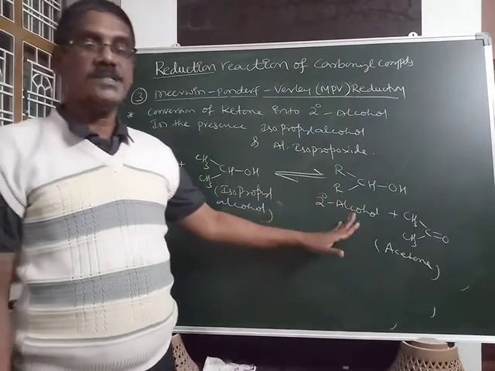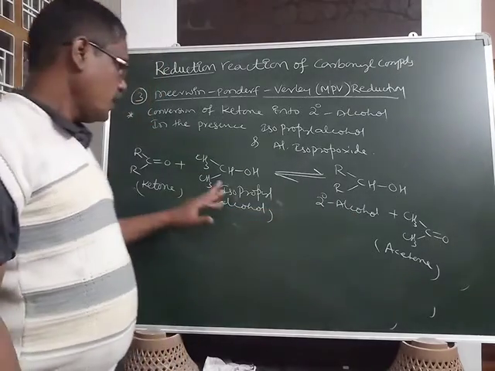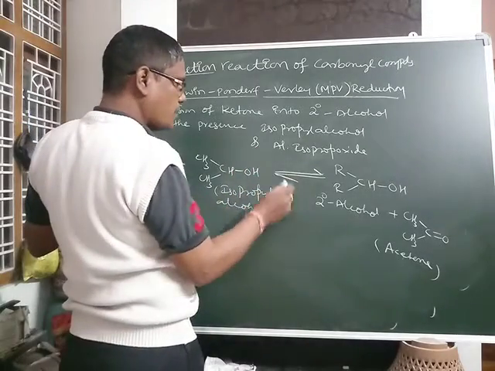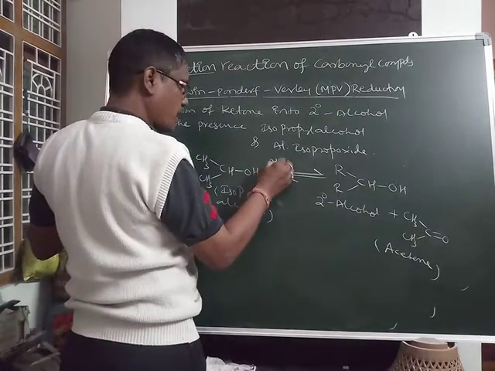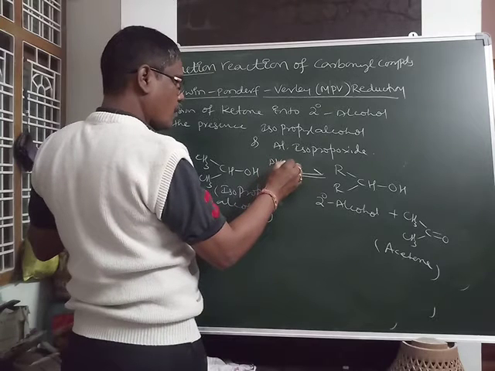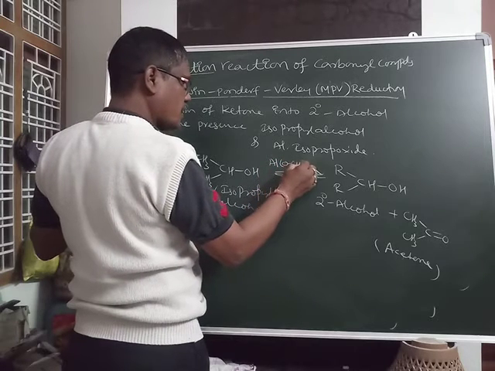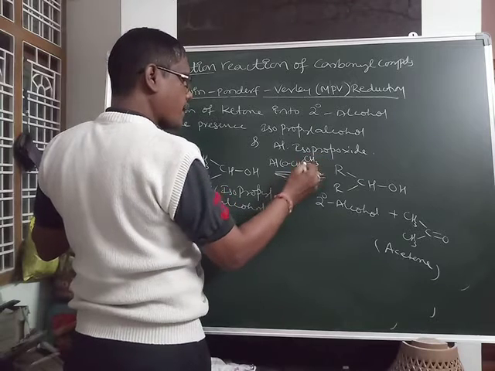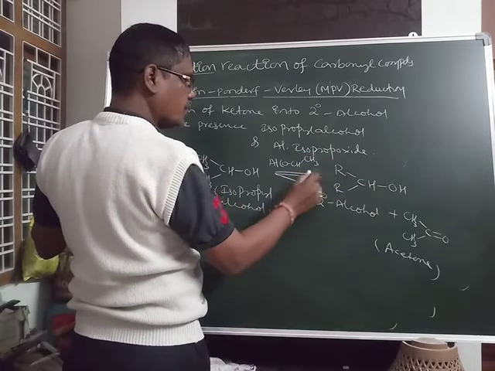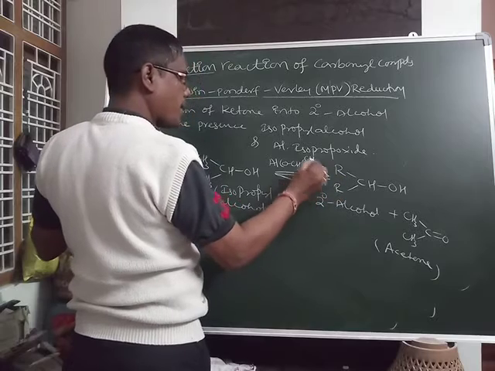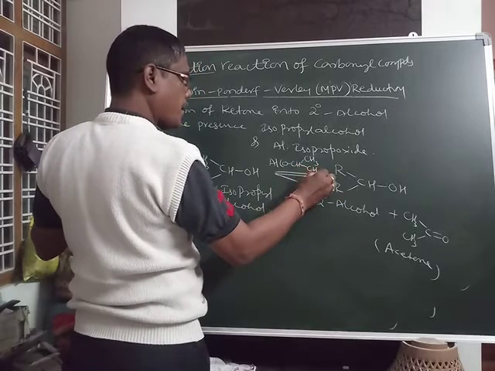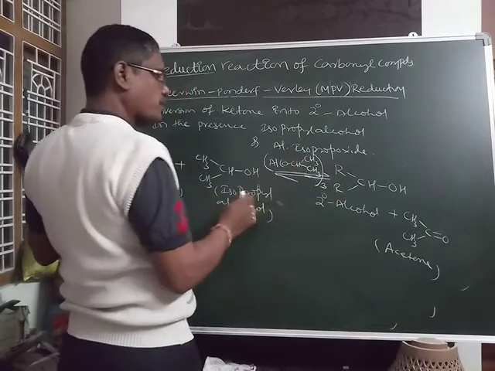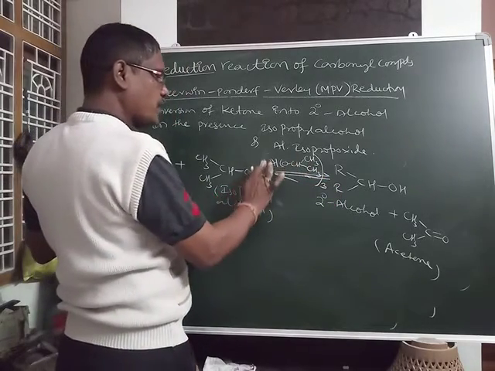Okay, that's why again the statement: ketone reduces into secondary alcohol in the presence of isopropyl alcohol and aluminum isopropoxide. And this is the formula, Al(OCH(CH3)2)3, with the isopropoxide group taken thrice, aluminum isopropoxide.